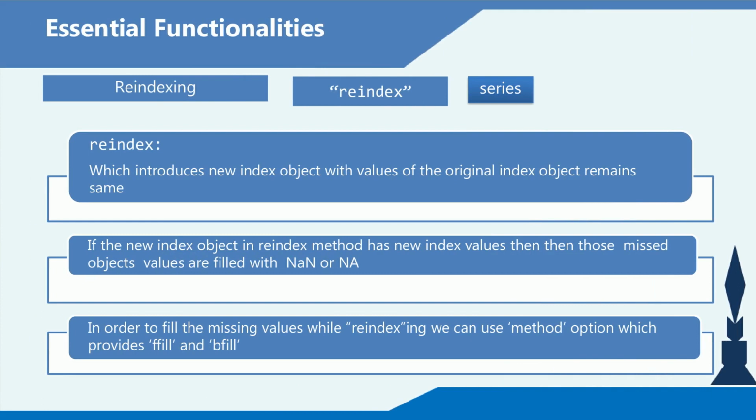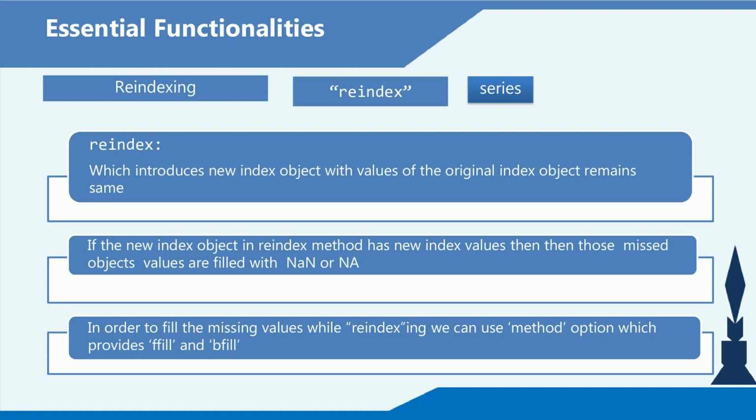An important method on Pandas objects is reindex, which means to create a new object with the data conformed to a new index. Pandas provides reindex to rearrange the data according to the new index, introducing missing values if any index values were not already present.